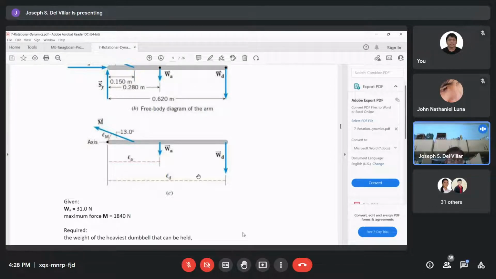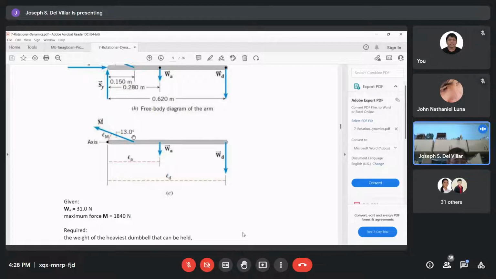So, formulate the torque equation by bearing in mind that counterclockwise torques are positive and clockwise torques are negative. So, which of these three is counterclockwise? Remember, M is upward. This is its vertical component. Okay? So, this is M sine 13 or 1,840 times sine 13.